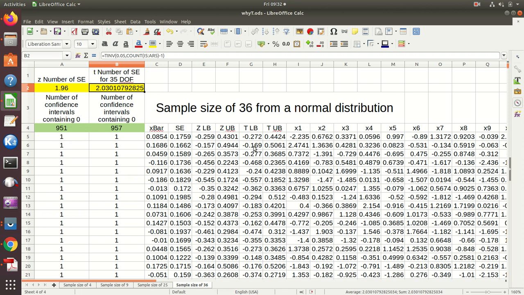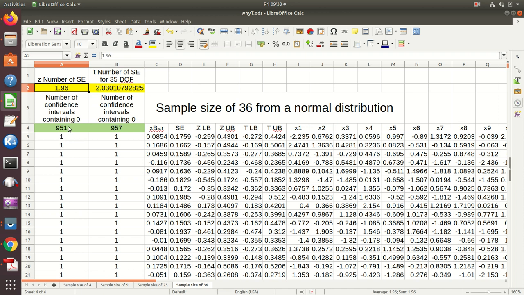So this simulation is really showing that yeah, by the time I get somewhere around 30, 40, maybe 50, who knows, but somewhere in there, I am definitely close enough with my T distribution number to the normal distribution number that, sure, why not?